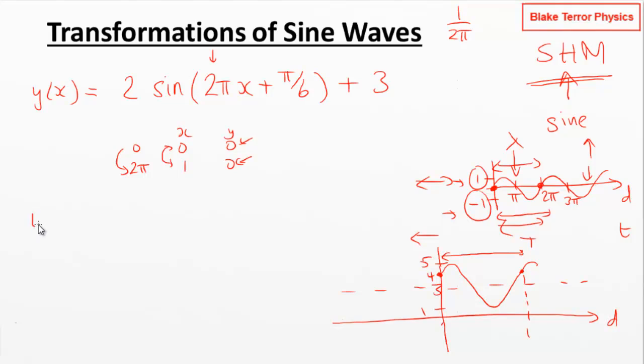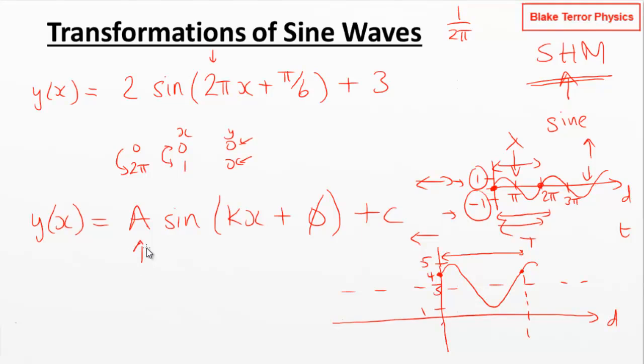So the general format that we've got here, y as a function of x, is going to be a sine kx plus phi plus c. And these have got all our transformations in. This is our amplitude. This is our offset of our equilibrium position. This is our phase, because you're thinking that's how far we are through the cycle.